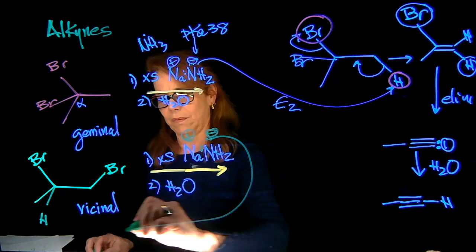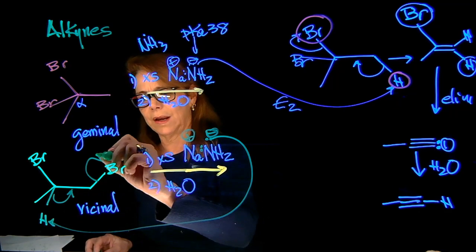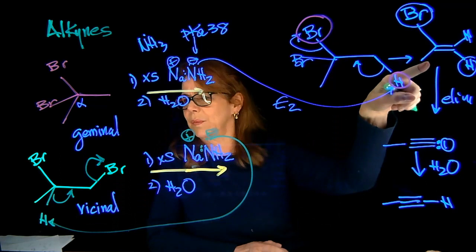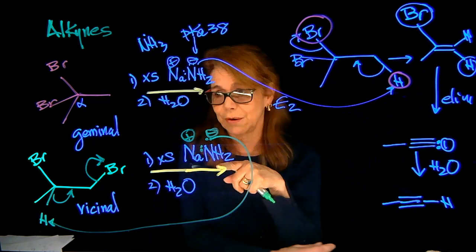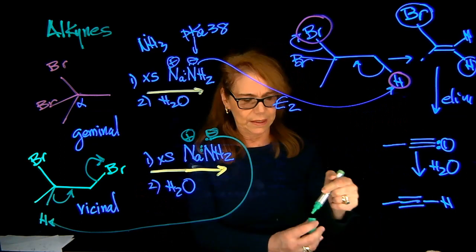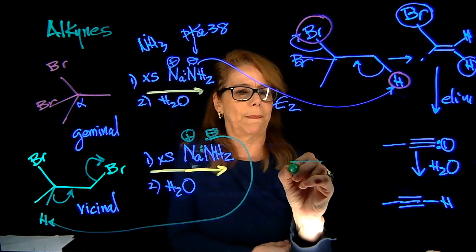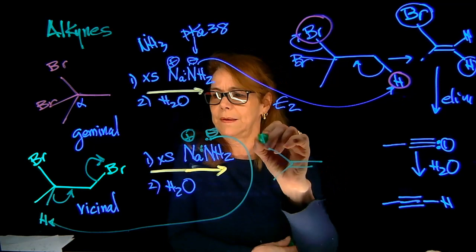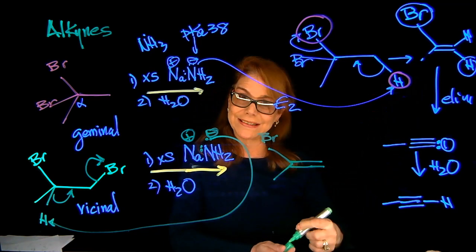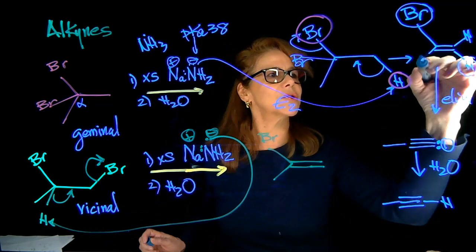Let's grab this proton, you make this double bond, and you form an alkene. And notice that this is the same alkene, right? So you can start from either, again, the geminal or the vicinal. Once you have the alkene here, you will have the same thing that you had before, and you will have another elimination step. You attack that and remove.